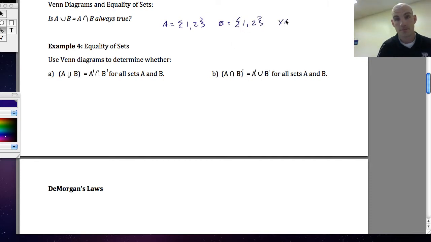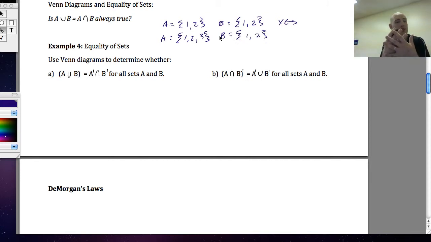Then yes, the intersection, 1 and 2, is also equal to the union, 1 and 2. But what if A was equal to 1, 2, 3, and B was equal to just 1 and 2? The intersection would be 1 and 2, but the union would be 1, 2, and 3. So this would be no in this case. And so sometimes we really need to use Venn diagrams to figure out if these are actually equal.